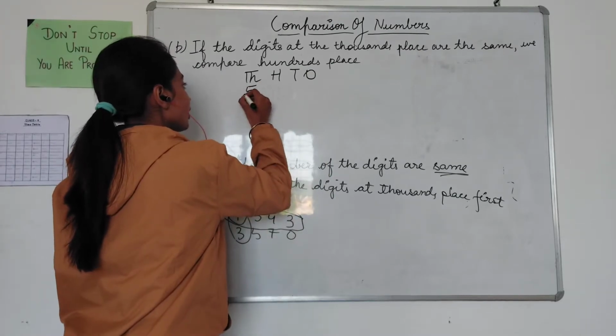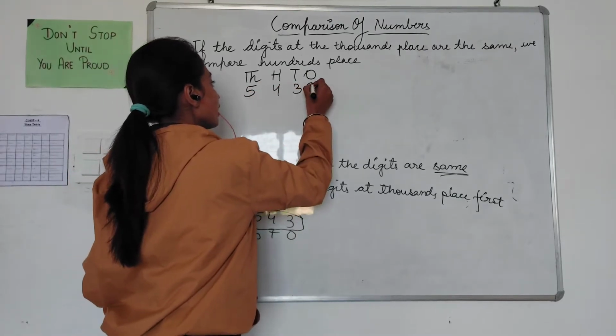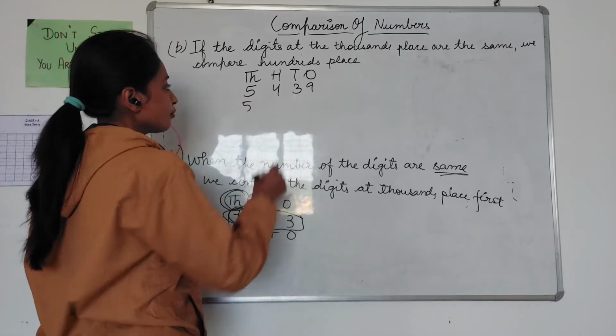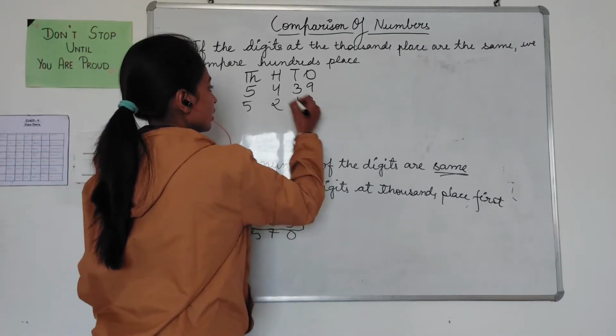You have 5, 4, 3, 9 and the second number you have 5, 2, 1, 3.